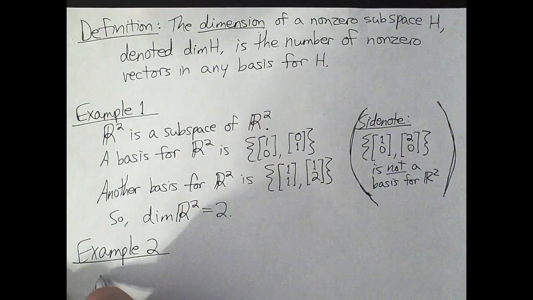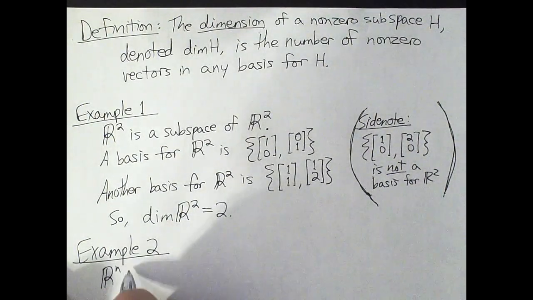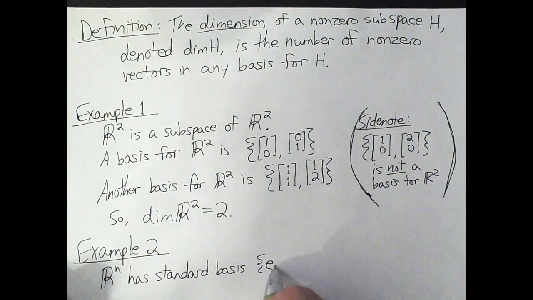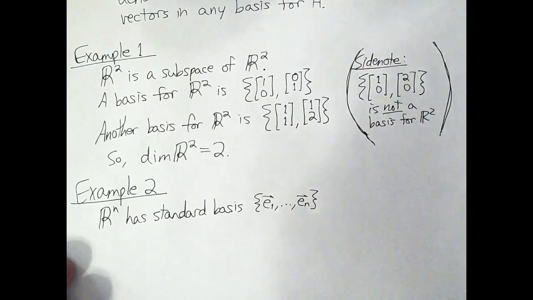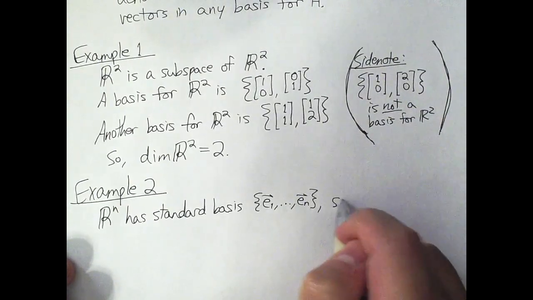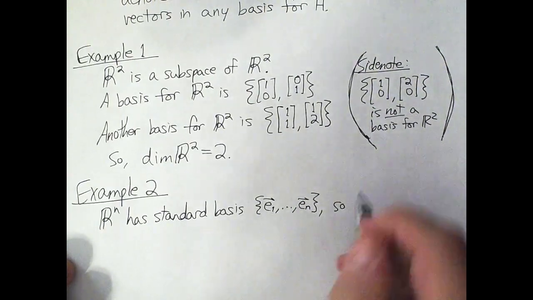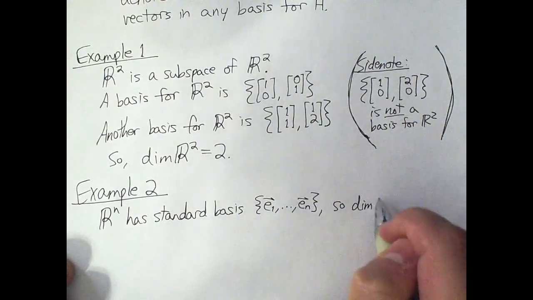Example 2, Rn has the standard basis. Remember we talked about that, E1 up to En, where those are the columns of the identity matrix of size n by n. So we just demonstrated a basis with n elements. It means every basis is going to have n elements.